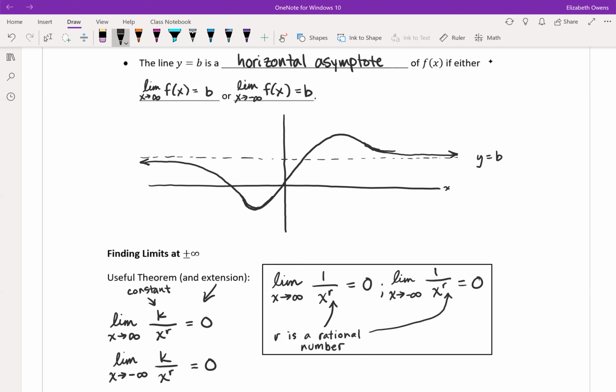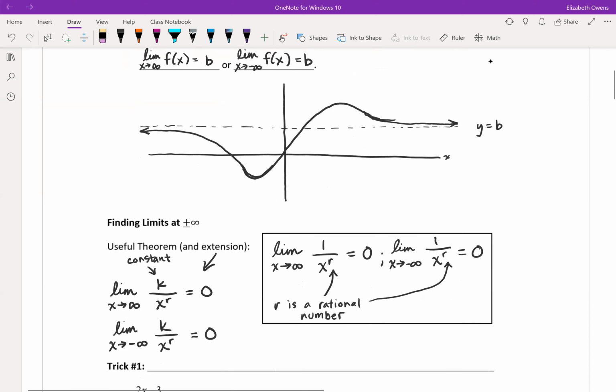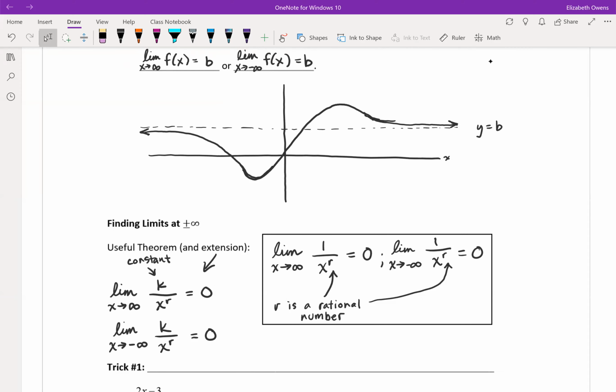You could also calculate these extensions by using one of the limit laws, by the way. I'll write that off to the side. We're just multiplying a constant, k, times the function 1 over x to the r. The limit laws say that if you multiply a constant times your function, to take the limit of that, you can just multiply the constant times the limit of the original function.